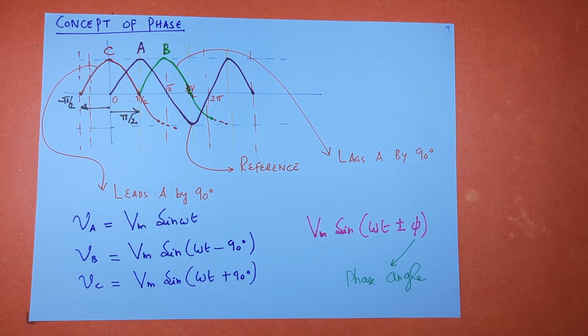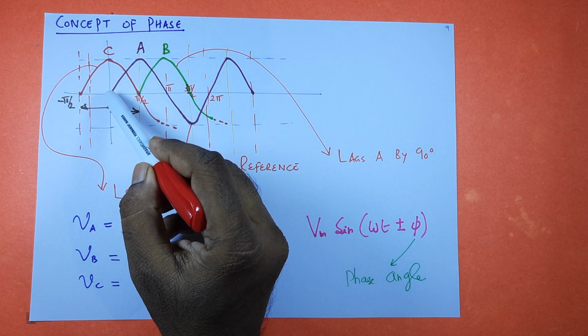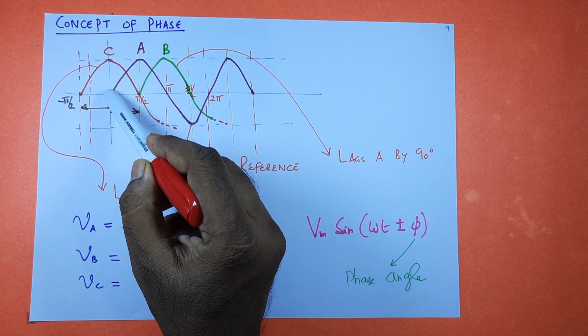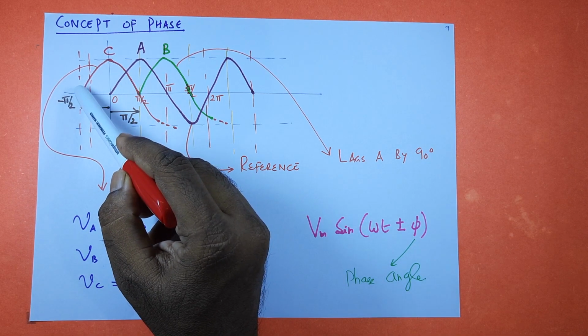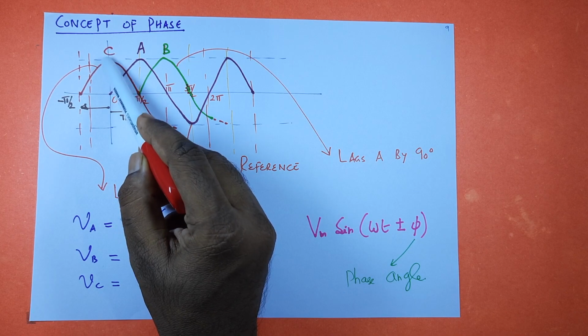Waveform C leads A by 90 degrees. Something like this. See, when A is just about to start, this C has already reached the maximum value.